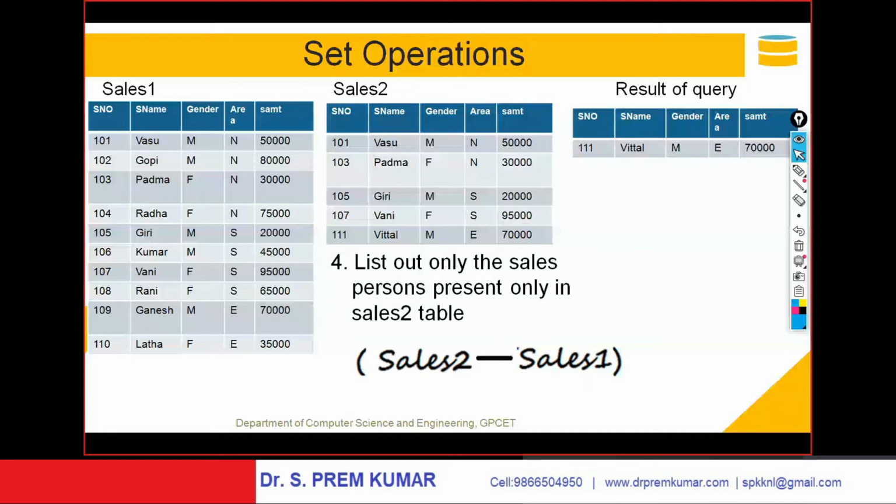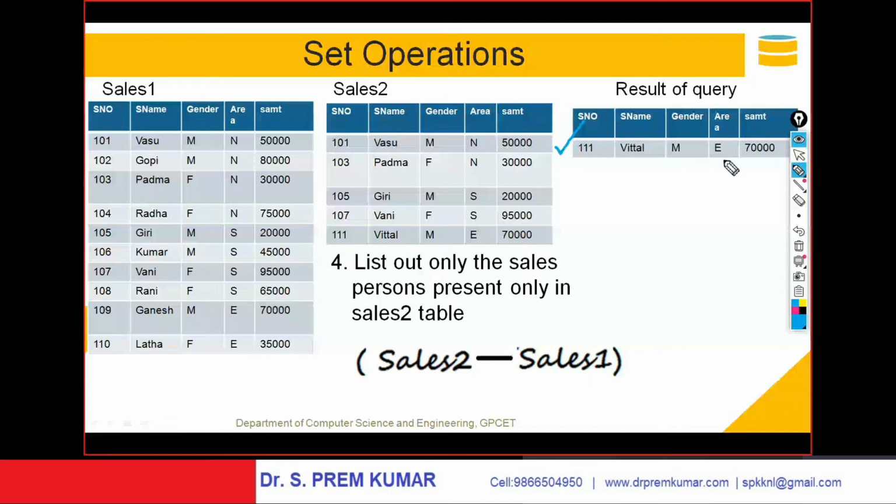And hence in this example you are getting only Vittal, because Vittal is the only person. 101 is available in both the tables. 103 is available in both the tables. 105 is available in both the tables. 107 is available in both the tables. 111 is available only in sales 2 but not in sales 1. And hence in your output you are getting 111, Vittal, Male, East, and 70,000 is the sales amount.